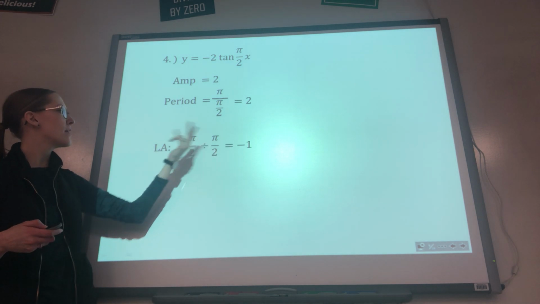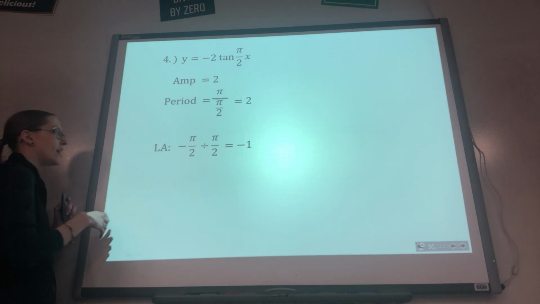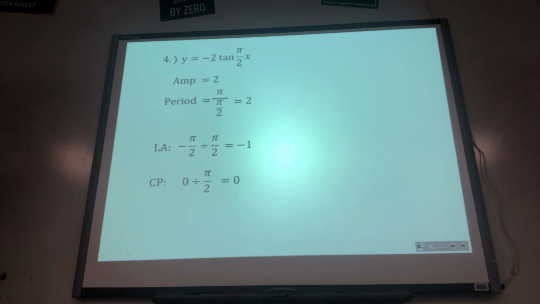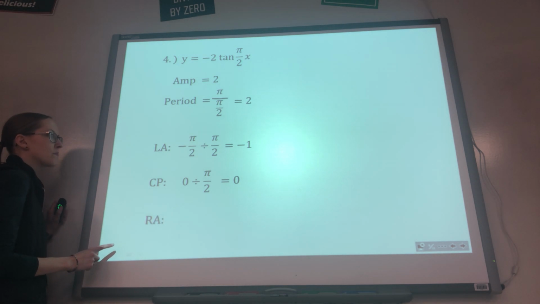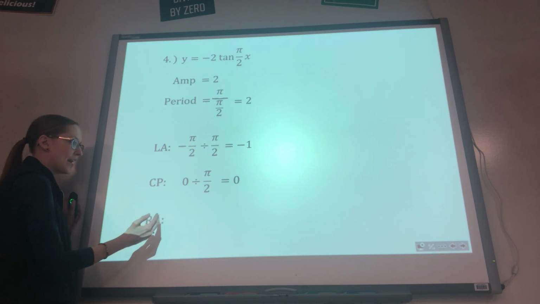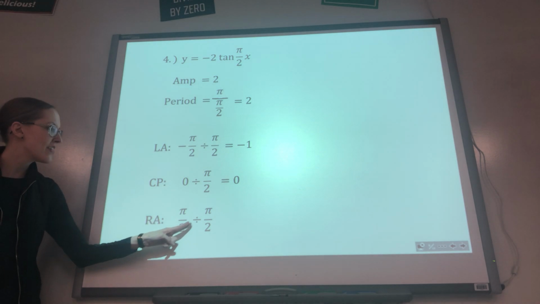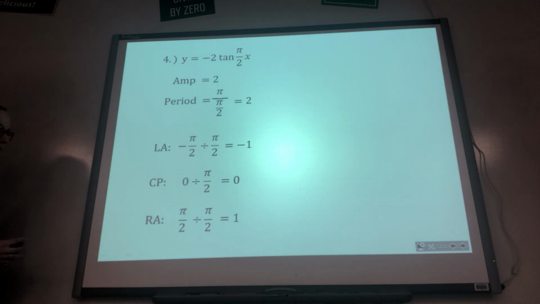But a negative divided by a positive is a negative. So that would just be -1. The center point is still going to be at 0. And the right asymptote, I need to take pi over 2 divided by pi over 2. So anything divided by itself there would just be 1.